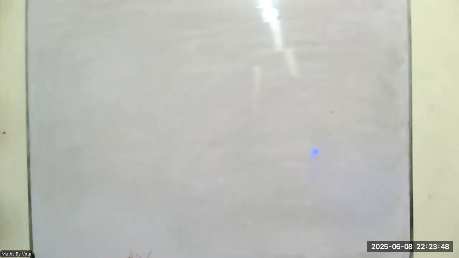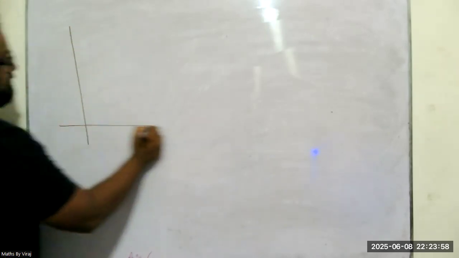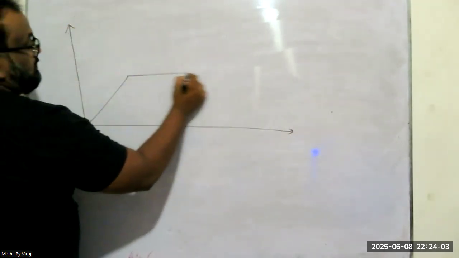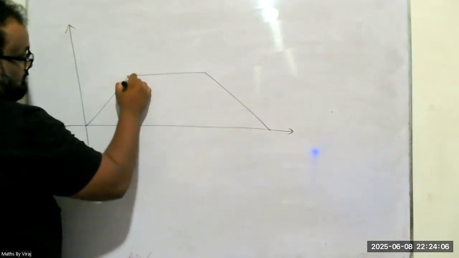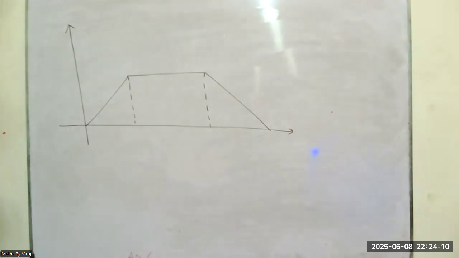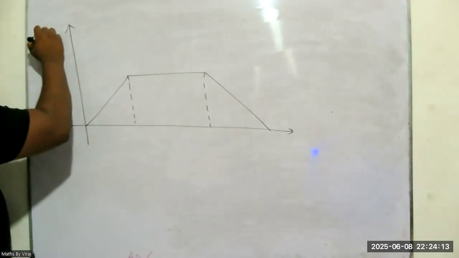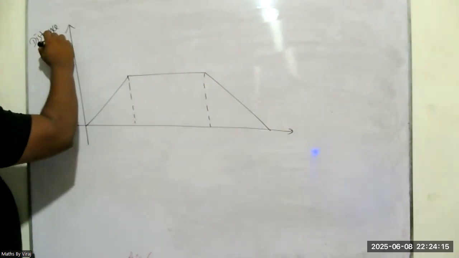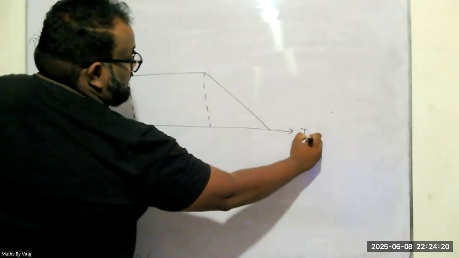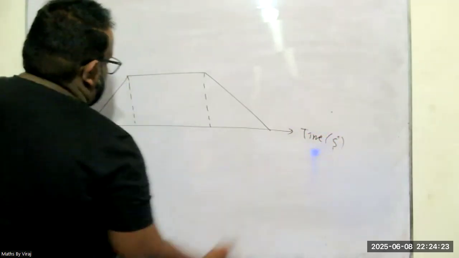Now, if you look at this further, I'm going to draw a very simple distance time graph. Now, this is a very basic graph: distance, let's say in meters, and time in seconds.